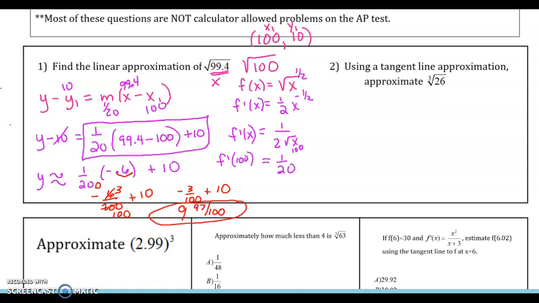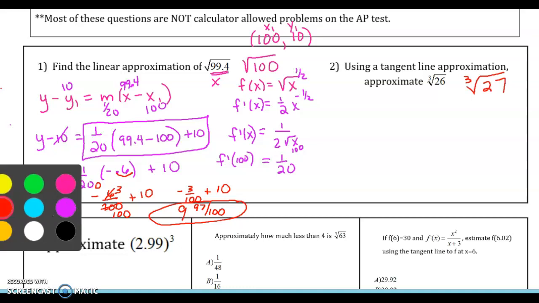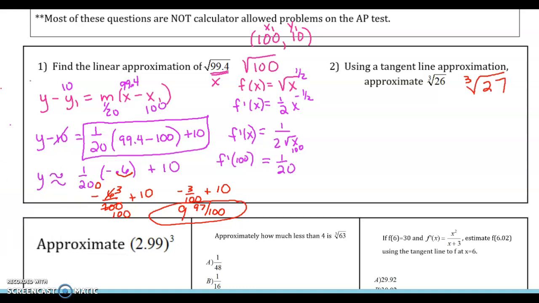All right, we're going to do the same thing here. So the cubed root of 27, I'm sorry, I said it already. The cubed root of 26, we don't know, but I do know the cubed root of 27. I'll do that all the time. Which the cubed root of 27 is 3. So that means that this is y1, this is x1, and this is x. Okay, so I kind of think of that.